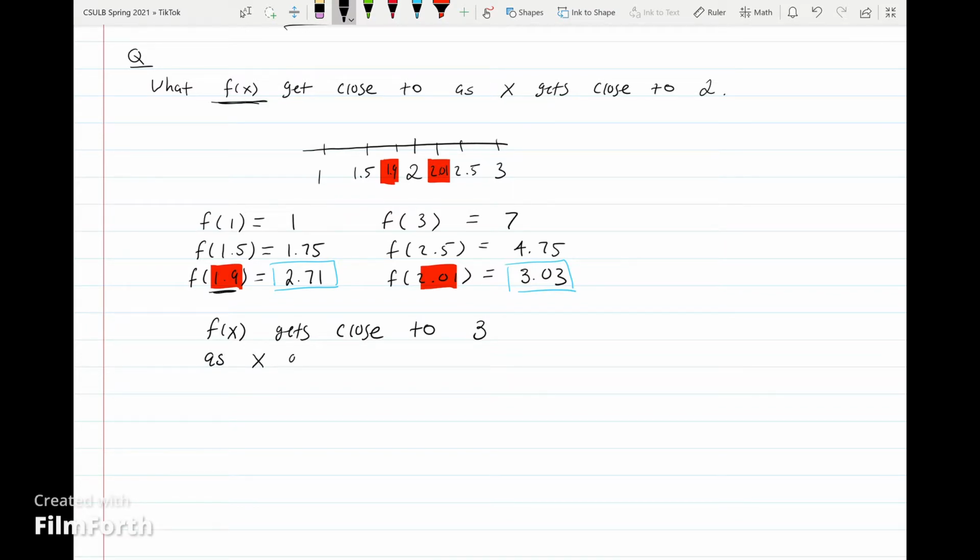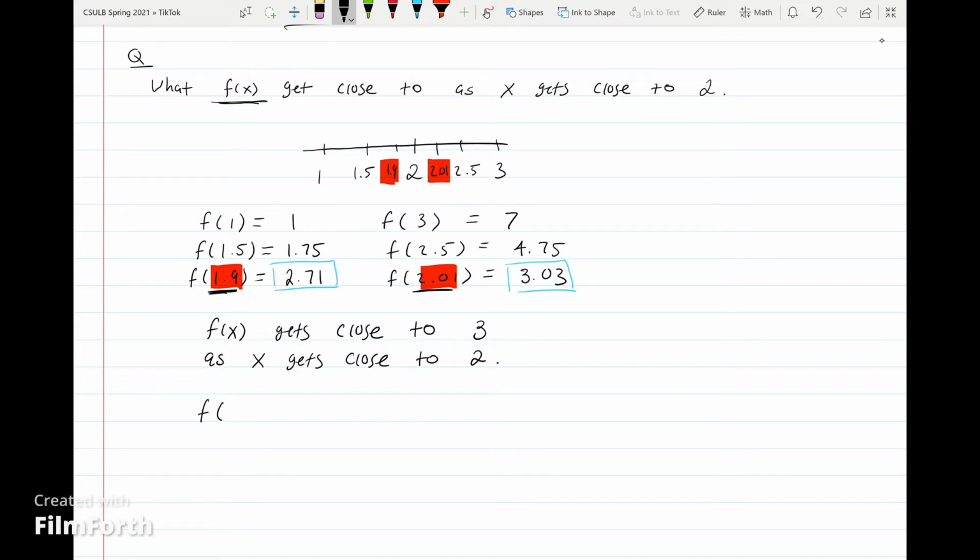Okay? I would say my function is getting close to 3 as x gets close to 2. Okay, so as my x value is getting closer and closer to 2, my function, f of that value, f of x, is getting closer to 3. And you can check closer and closer numbers.